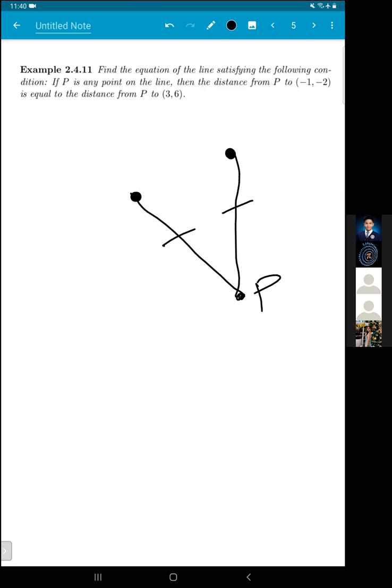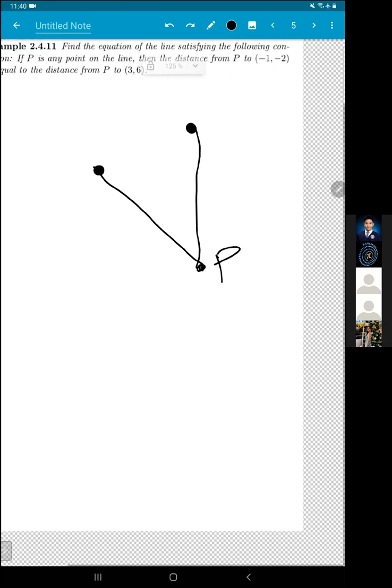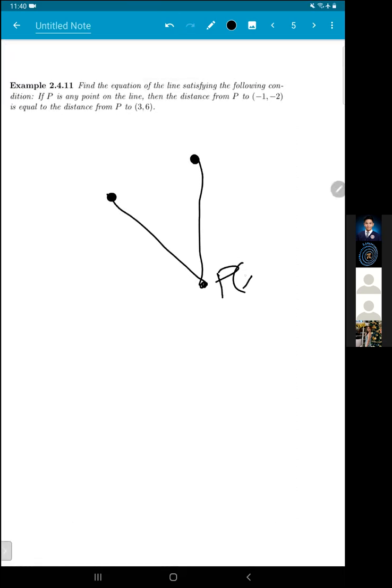Now, a direct approach, okay, pakita ko muna yung direct approach. Denote the coordinates of any point P on the line by xy, and then we'll get an equation relating x and y. Now, the coordinates of the 2 points are given.